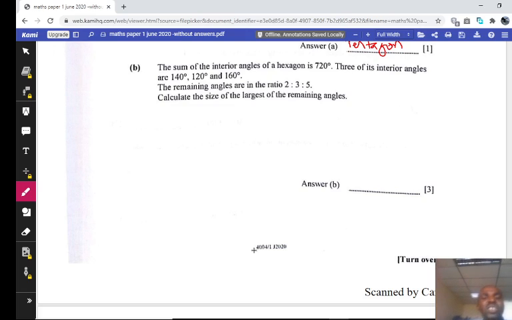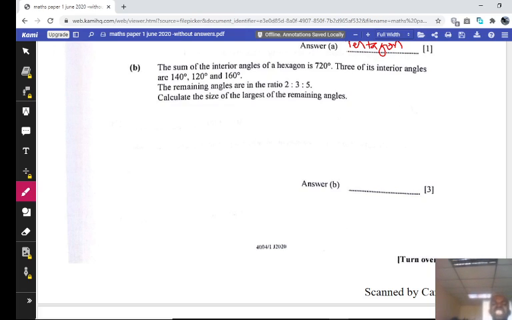Right? How can you calculate the size of the largest of the remaining angles? The sum of interior angles of a hexagon is 720. That is the sum of all interior angles. 3 of its angles are those ones. So you add all the angles, then the remaining angles are in the ratio 2:3:5.